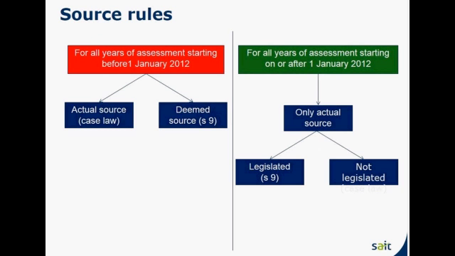So if you physically go abroad to the client and render the services there, then the source is outside of South Africa. But if you physically sit and do the work in South Africa, then the source of your service income will be South Africa. Okay, so that's the thing on source rules. I did a webinar on this, I think a month or two ago.